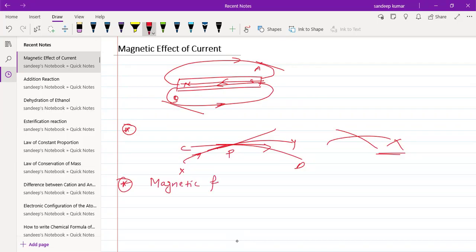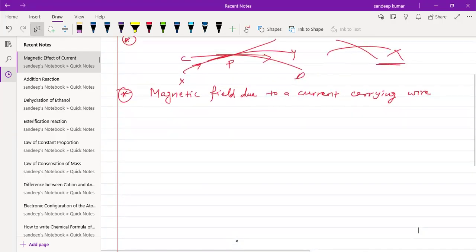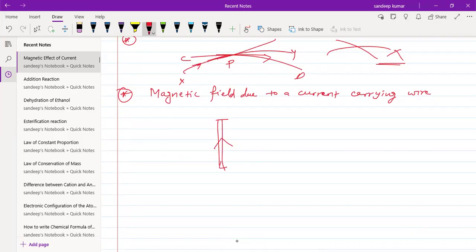Let's take a wire which is carrying current. Magnetic field is generally represented as B, children. At a point, let's take distance D from the wire, a magnetic field is produced.